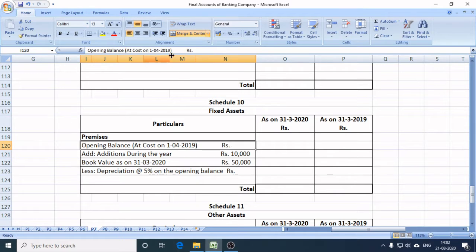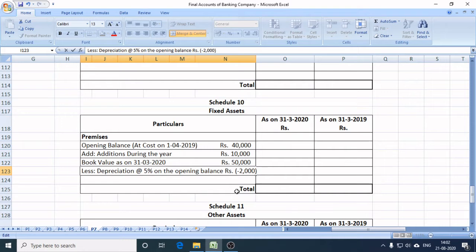Therefore the opening balance of the premises is rupees 40,000. Now we are told to charge depreciation at the rate of 5% on the opening balance. The opening balance is 40,000. Therefore 5% of 40,000 is rupees 2,000.